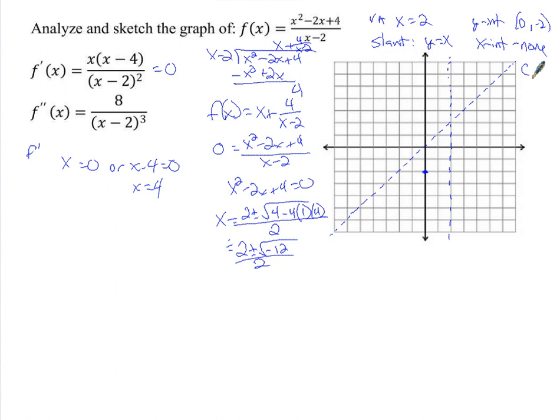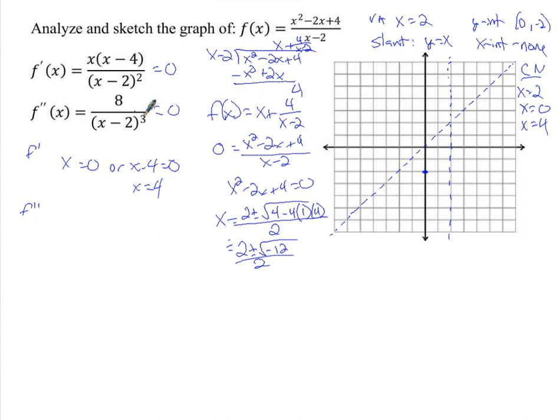I'll start my inventory of critical numbers over here. I have the vertical asymptote for sure. I have x equals 0, x equals 4 as additional critical numbers. These critical numbers tell me when the slope is equal to 0. So f double prime, set it equal to 0.